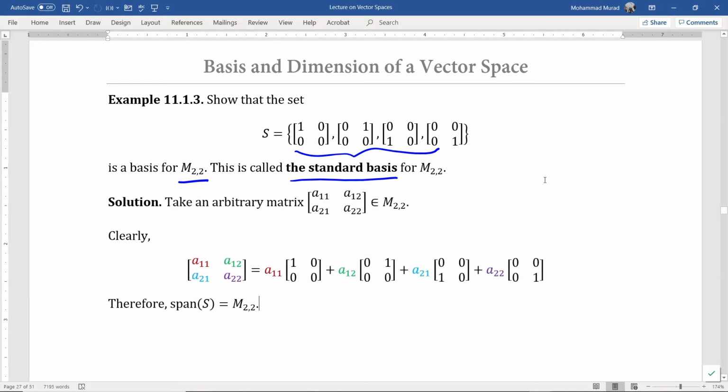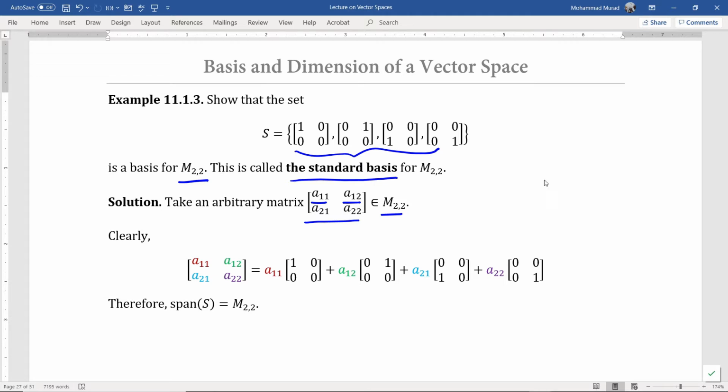To show that S is a basis, we take an arbitrary matrix with entries A sub 1,1, A sub 1,2, A sub 2,1, A sub 2,2 from the vector space M sub 2,2.